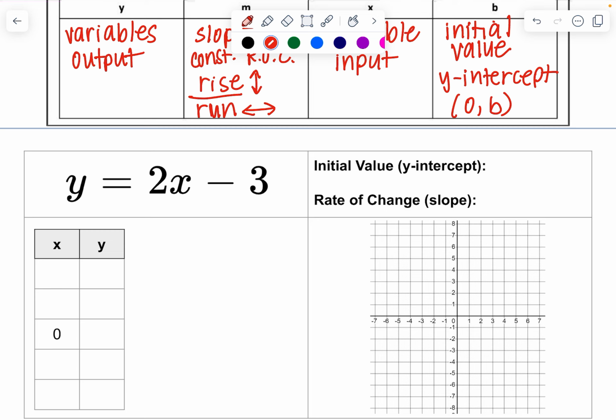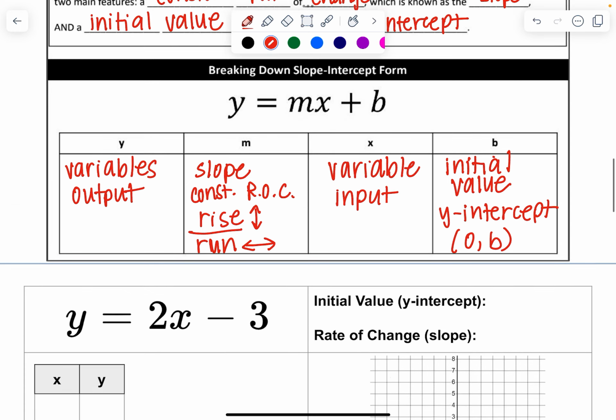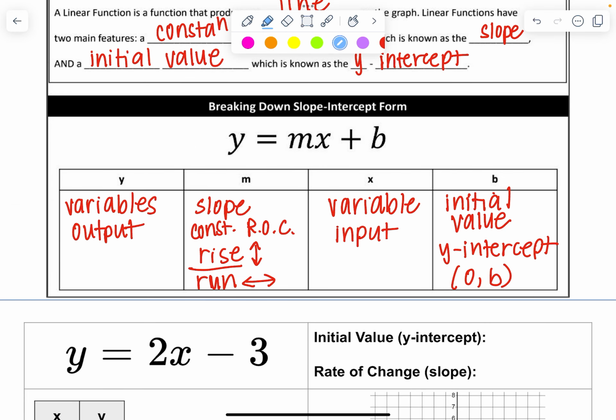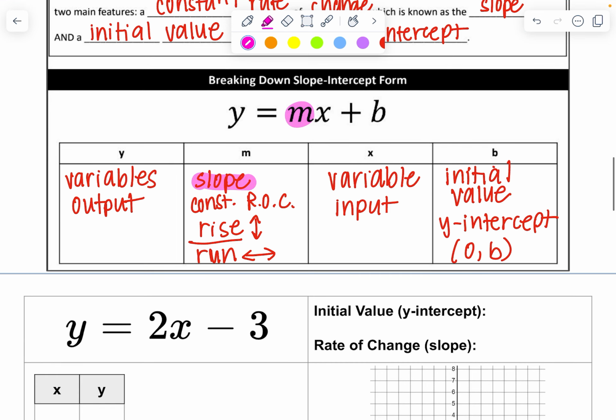So just to start, before I go into the table, something I know straight away from breaking down the slope-intercept form is I know m is the slope straight away. And see how m is right in front of the letter x? I know 2 is going to be my slope. Similarly, b, plus b, minus b, whatever it happens to be, is the initial value, or our y-intercept. So automatically minus 3 is going to be my y-intercept. So I like to just fill in that part first.